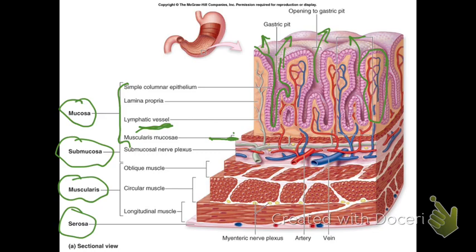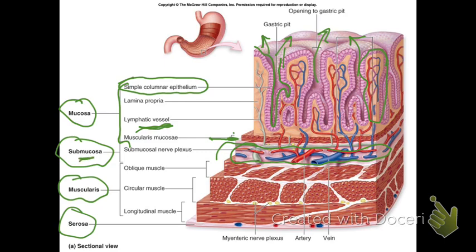That is the mucosa in total, but you are fine to think of it as primarily the simple columnar epithelium that you've come to know and love and recognize under the microscope. Underneath that, there is a very significant layer of blood vessels, as well as some nerve endings, and that is what makes up the submucosa.